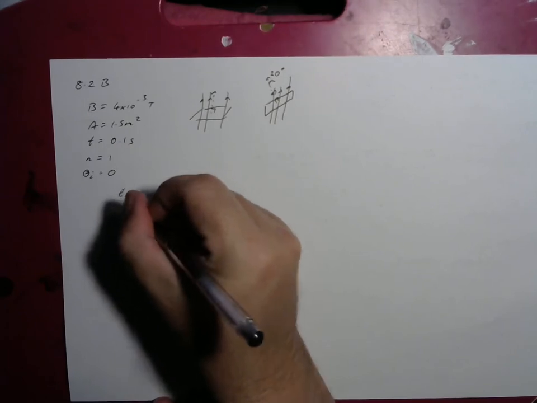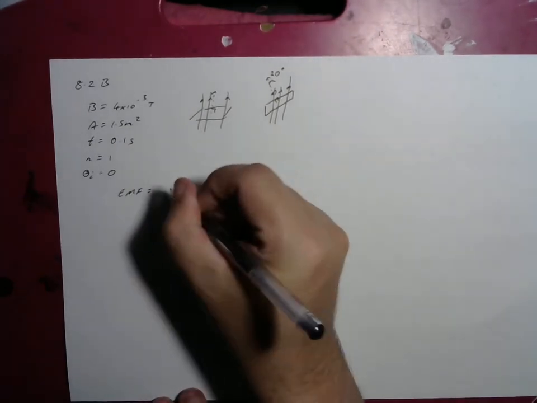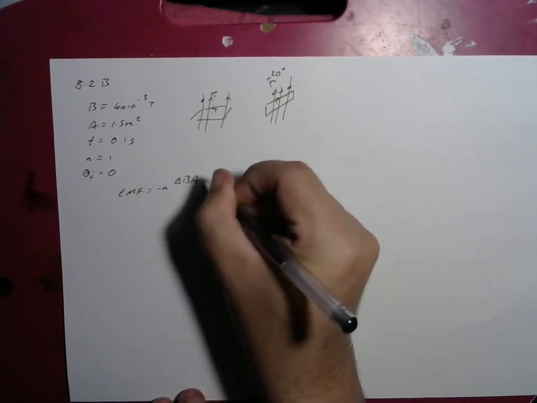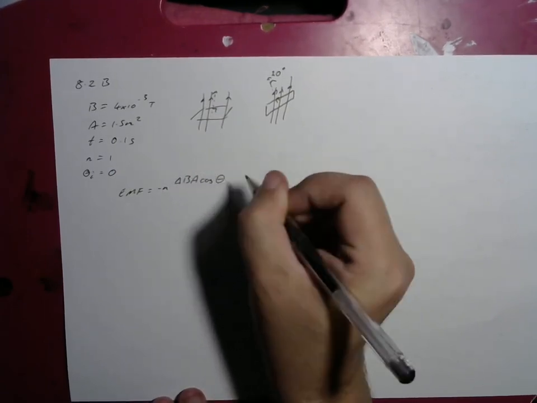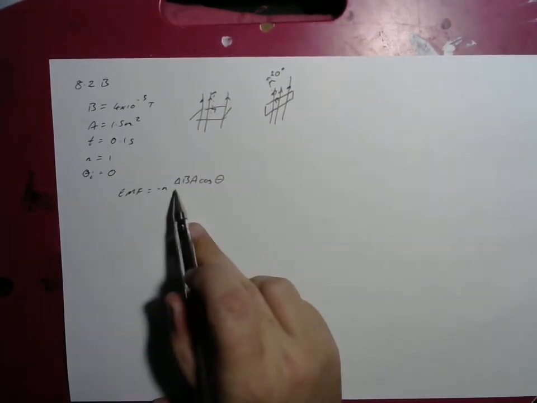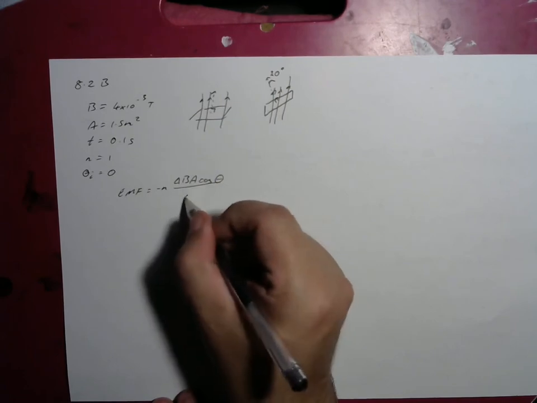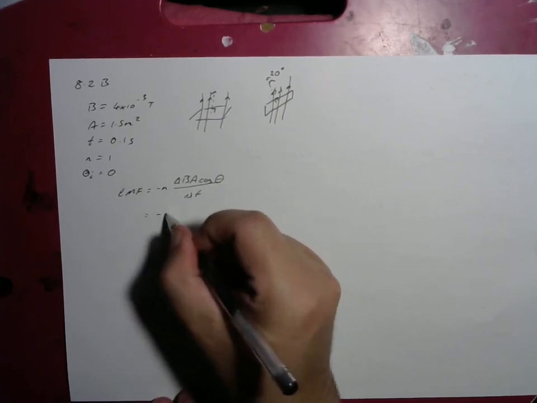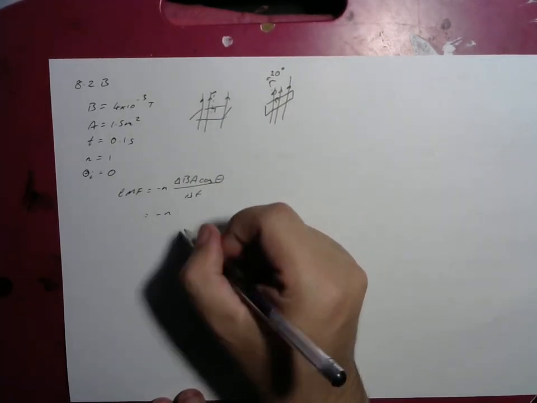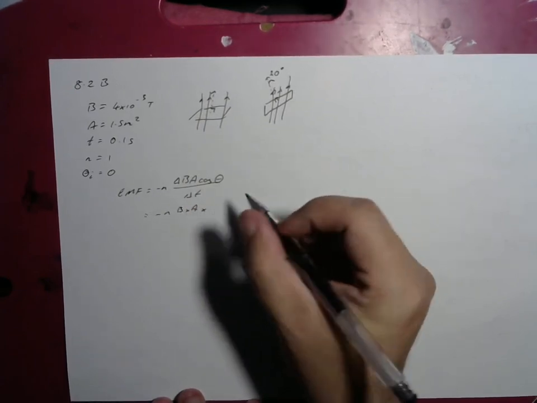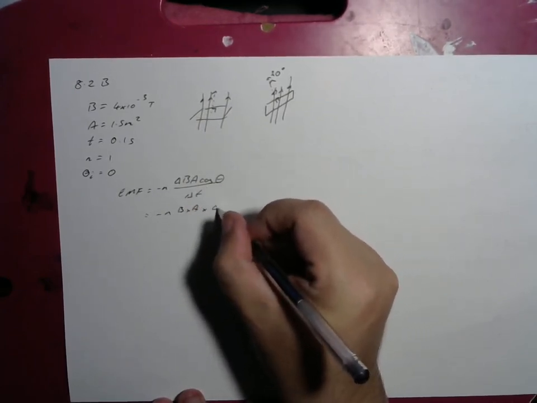So let's write the formula. EMF equals negative n delta BA cosine theta. See how the cosine is after the delta? So it's the change in the cosine of the angle, not just the change of the angle, over delta t. Negative n. Now, B, not changing. A, not changing. But cosine, the angle is.